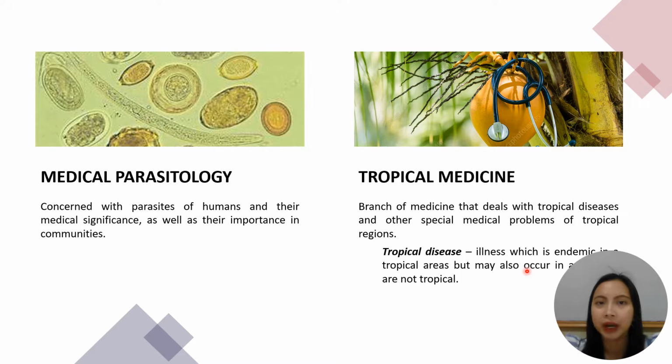So it's very rare for a tropical disease to infect areas that are not tropical, but it still is possible and can happen. Many tropical diseases are parasitic diseases in nature.